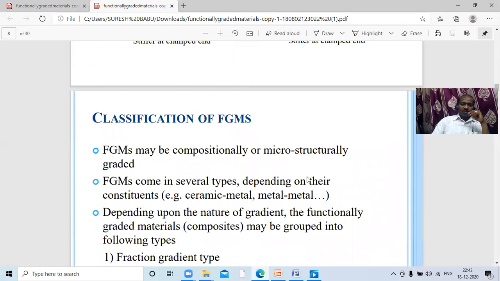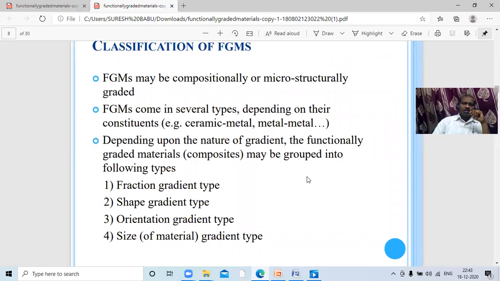Next, classification of FGMs. FGMs may be compositionally or microstructurally graded. That means the classification can be made compositionally, or based upon the microstructure. FGMs come in several types depending on their constituents, that is, ceramic-metal or metal-metal.